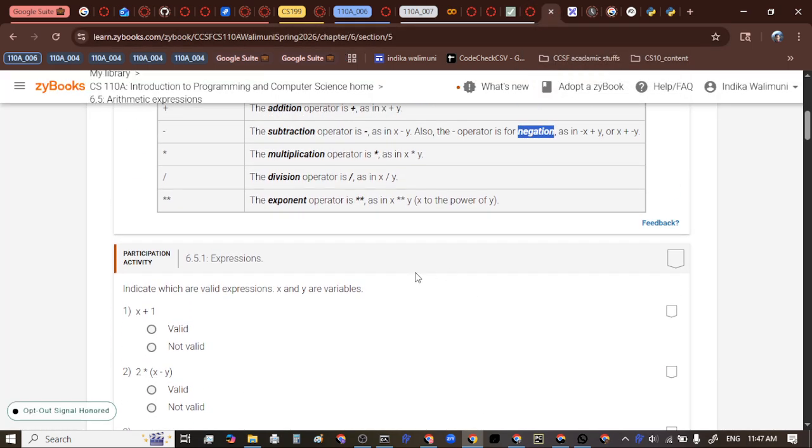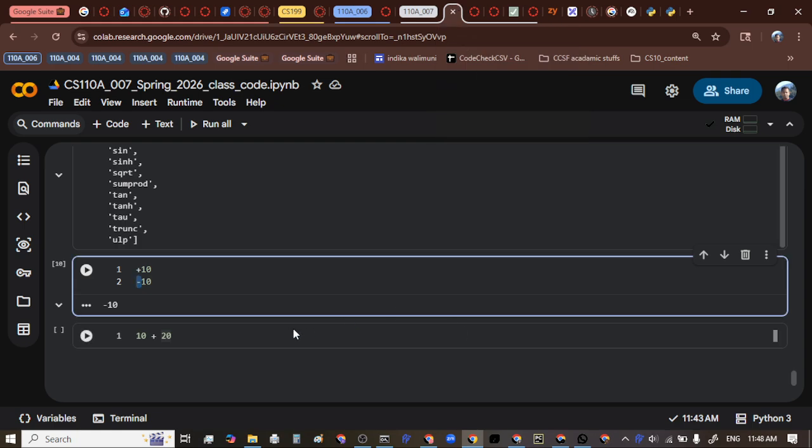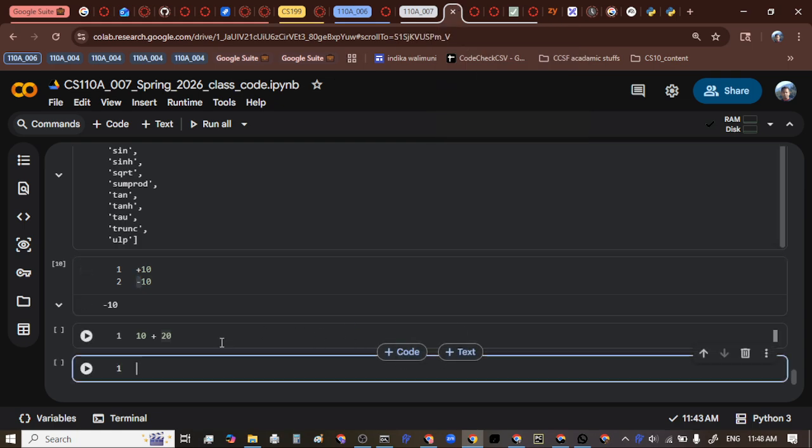All right, and then we have division, and integer division as well. We learn that later. We have the power operator, so let's check on those. I'm going to quickly do it over here. We know division and other stuff, so we can try the power.